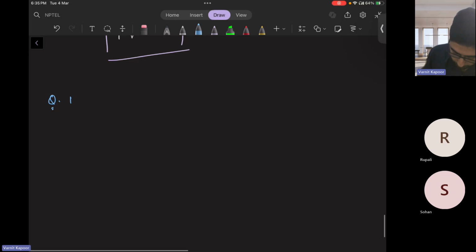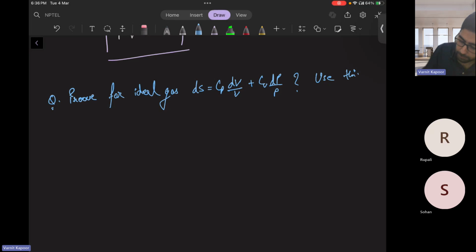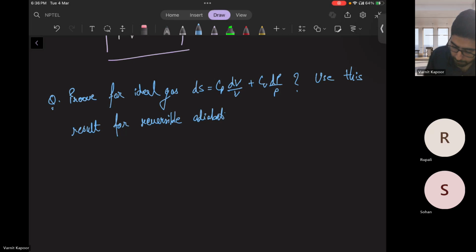Yes, proof for ideal gas. Prove that dS is equal to Cp times dV by V plus Cv times dP by P. And use this result for the reversible adiabatic process to prove PV raised to the gamma is equal to constant again.